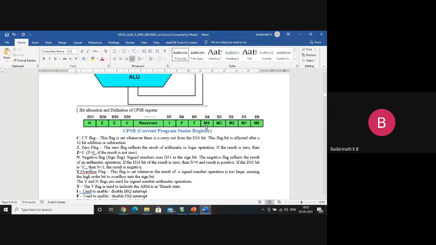The M0 to M4 bits indicate the operating mode. As I said, you have 7 operating modes there. Of course, they have provided more bits than required to support compatibility in the next ARM architectures. Many times when they design the core, they keep in mind that in the near future they will design other facilities or features which are not there in this one.